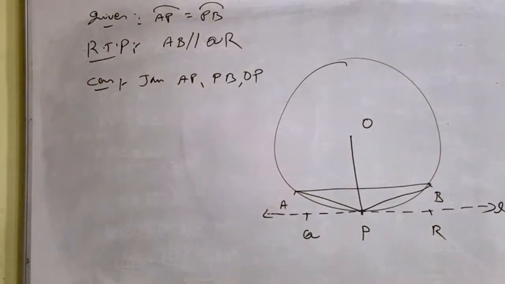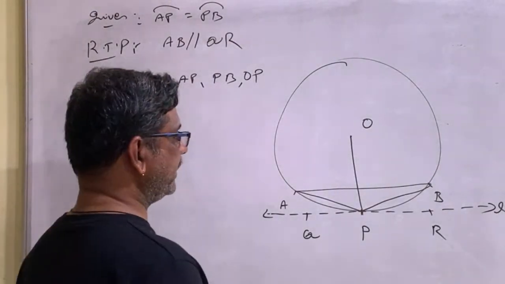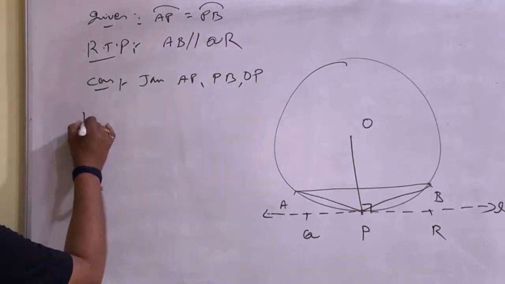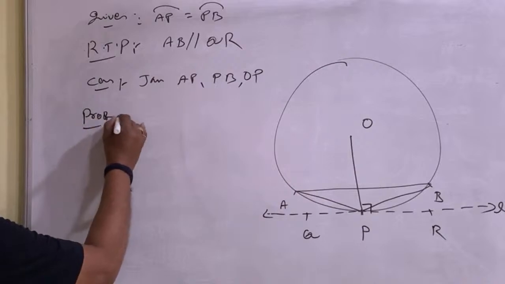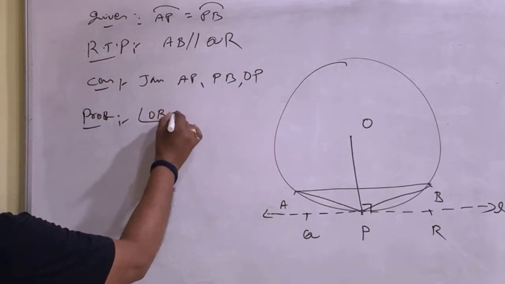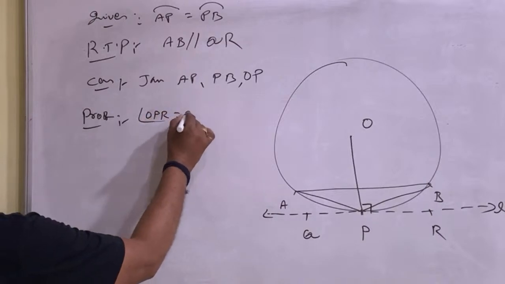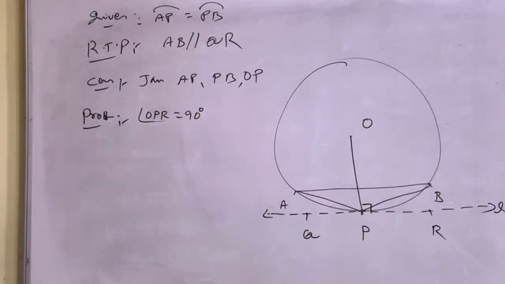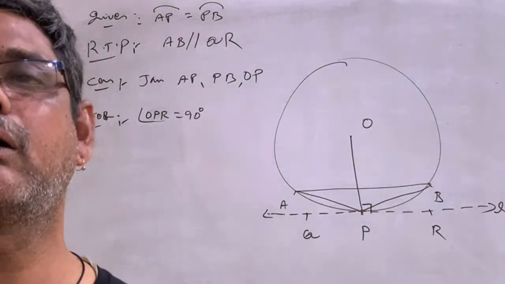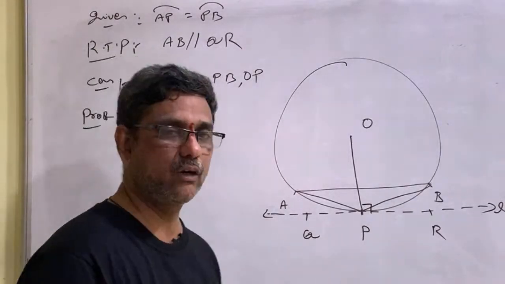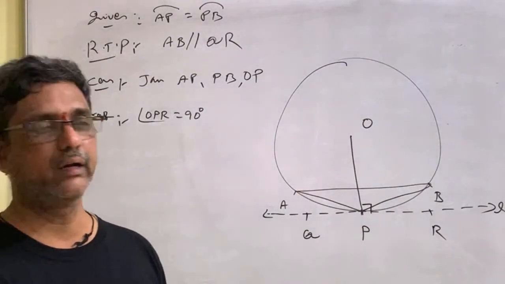I think the radius is perpendicular to the tangent at the point of contact. Is that right? Angle OPR is 90 degrees. Radius is perpendicular to the tangent at the point of contact.